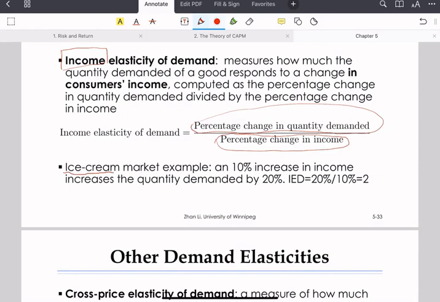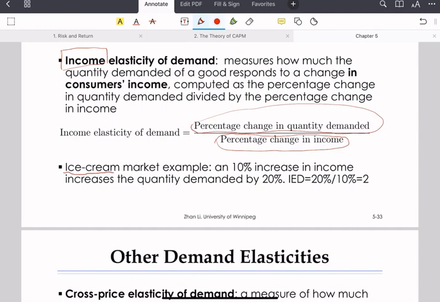This is different from price elasticity. By convention, we always want the price elasticity to be positive, even if it is in fact negative. For income elasticity, you cannot do this.